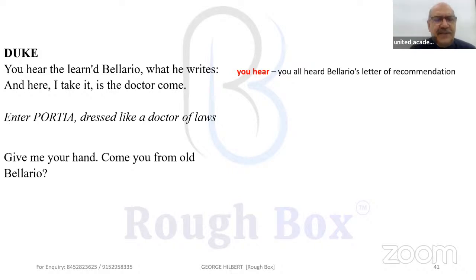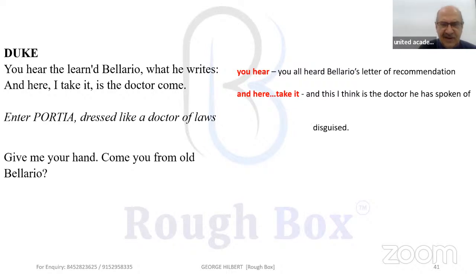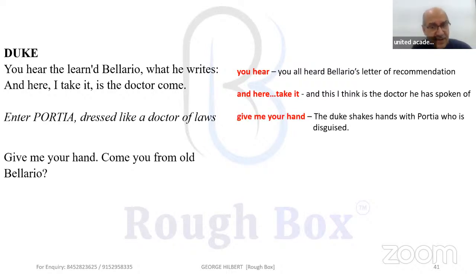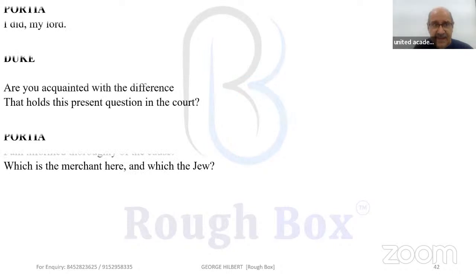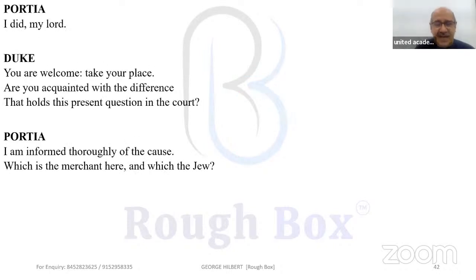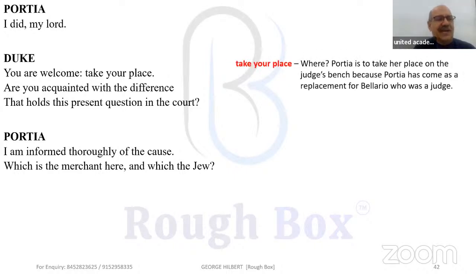Portia enters dressed as a doctor of law, not doctor of laws, but as a doctor of law. At once the Duke extends his hand and says, give me your hand. The Duke wants to shake hands with her. He greets her. Come you from old Bellario? Have you come or been recommended by the wise Bellario? And Portia says, I did, my lord. Yes, I have come under the recommendation of Bellario. And the Duke says, you are welcome. Take your place.